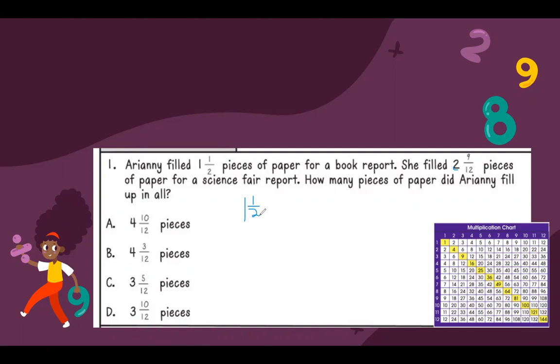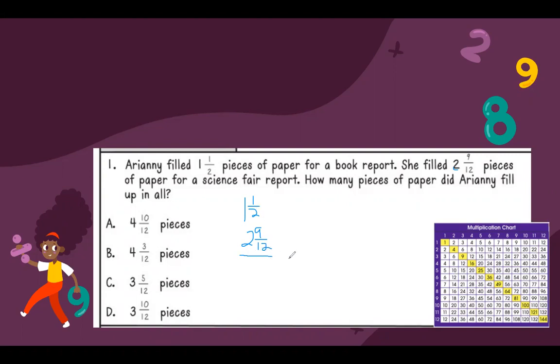And we're going to put it over top of 2 9/12. So what's going to be our common denominator between 2 and 12?